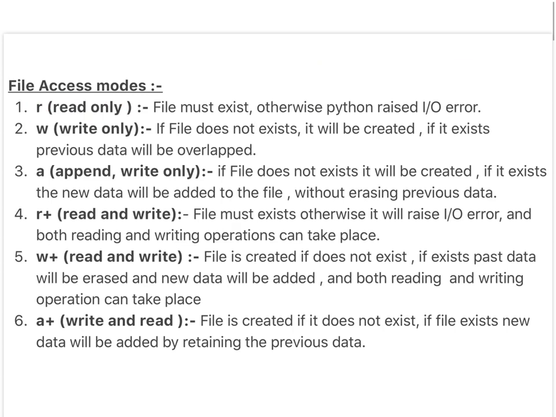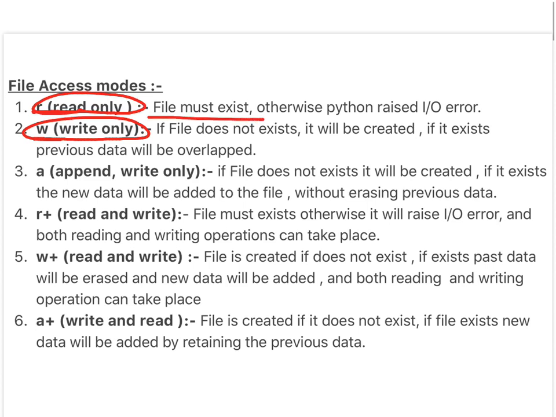The other mode is this write only mode. It means here you are indicating that you are just opening the file to write the contents into that file. Now here what happens in the first case, when you are opening the file in read only mode, in that case the file must exist.